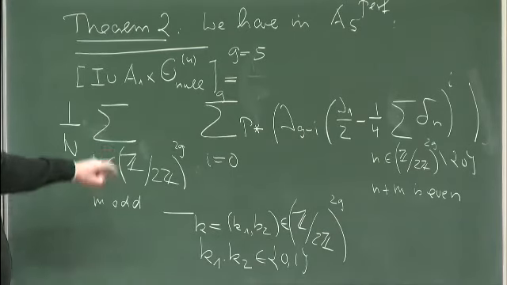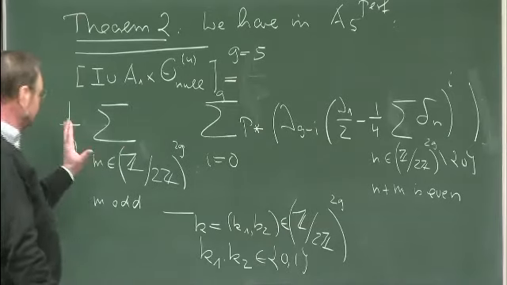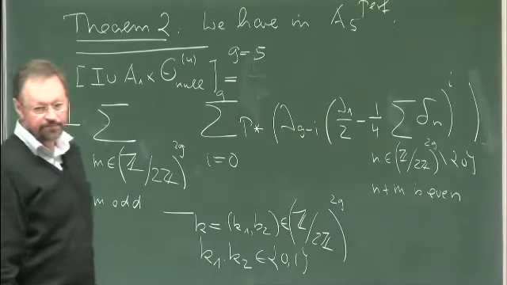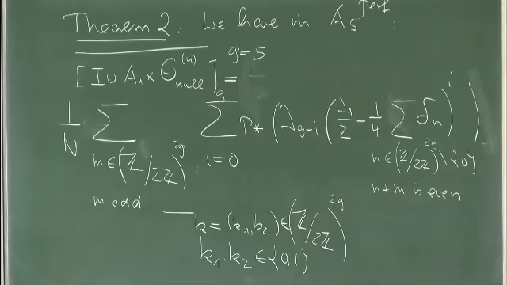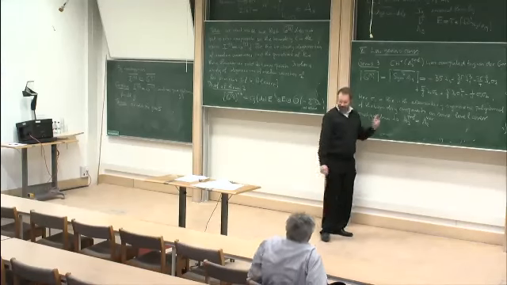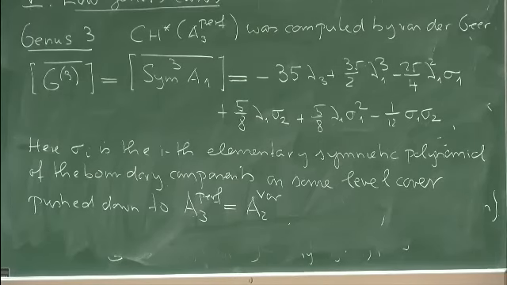This is not symmetric, so to speak, but if you sum over all m, it becomes symmetric. Okay, so actually it didn't come out. So we were quite frustrated. In the end, we found a typo in the printed version of Van der Geer's paper. So once the typo got corrected, it was then the same formula. That was a simple typo.